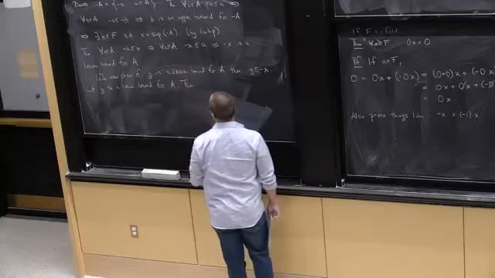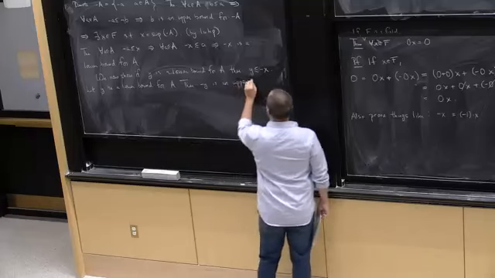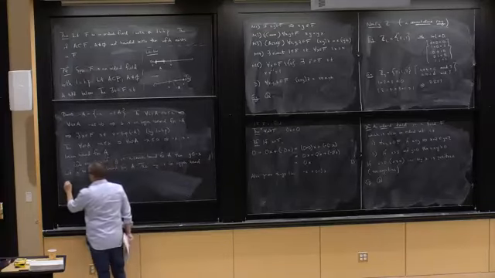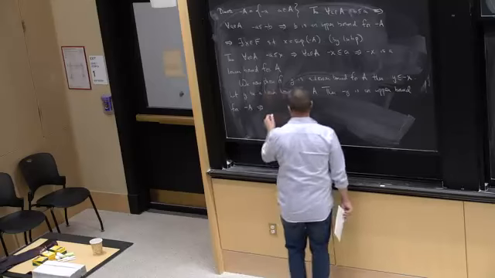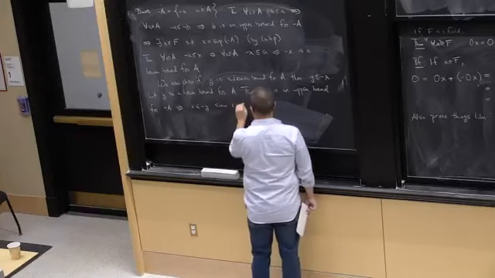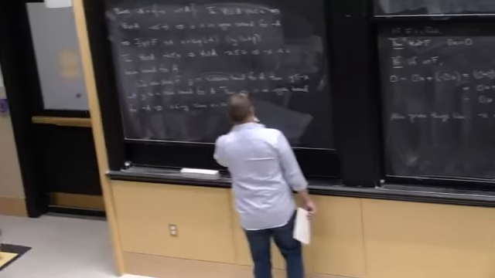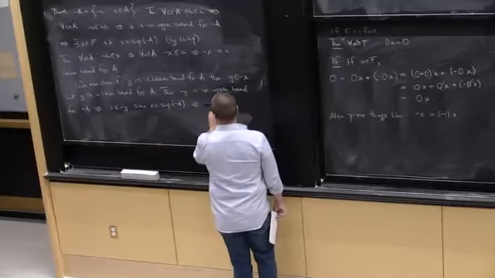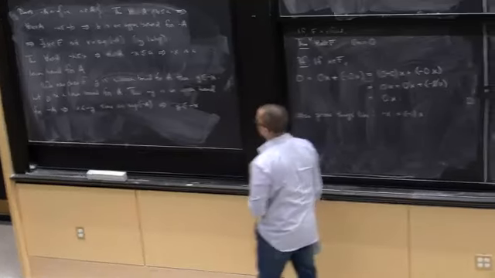Just go through the argument and replace B with Y. Then minus Y is an upper bound for minus A, which implies, since X is the supremum of minus A, it's the least upper bound, so it has to be less than or equal to minus Y. And flipping the inequality again on that means that Y is less than or equal to minus X. Okay, which is what we wanted to prove.